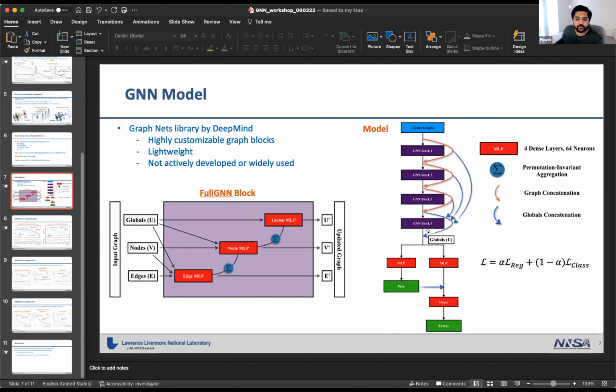That's true. And even though we are only using the globals at this stage, we are actually basically throwing out the node and the edge information after this stage of the model. But then the globals are learning from the nodes and the edges, and they are really important for which type of pions they are. Is it a charged or a neutral pion?